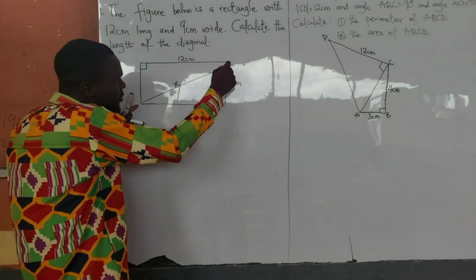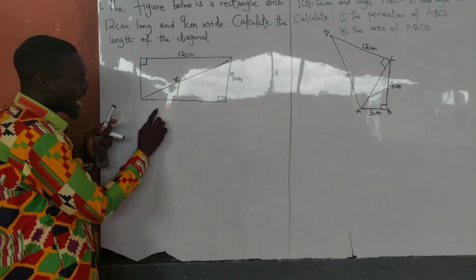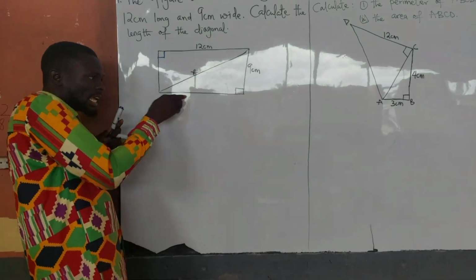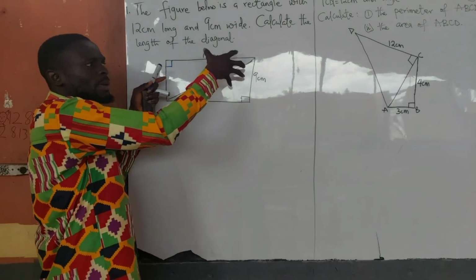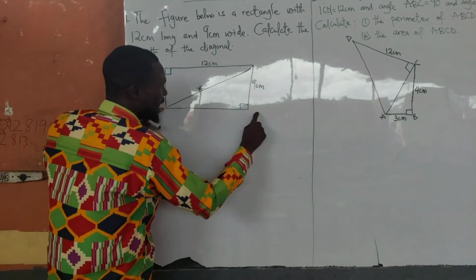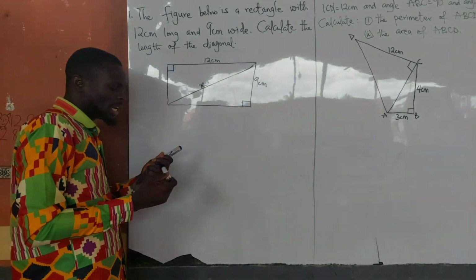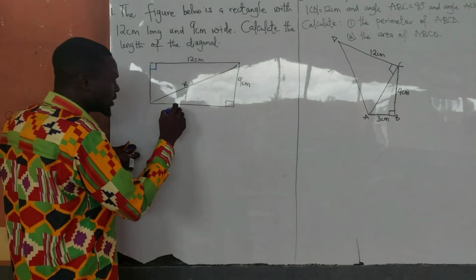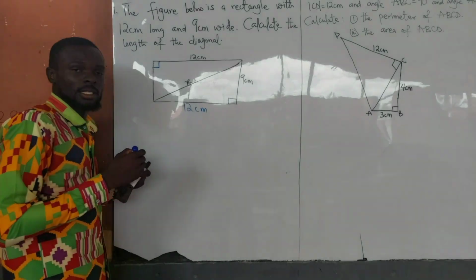So if this gives me a right angle triangle, what is the length of this? Because if I know this, I have to know the length of this side. But this being a rectangle, then the side here and the side here are equal. Because we know that with rectangle, opposite sides are what? Are equal. So this is also what? 12 centimeters.